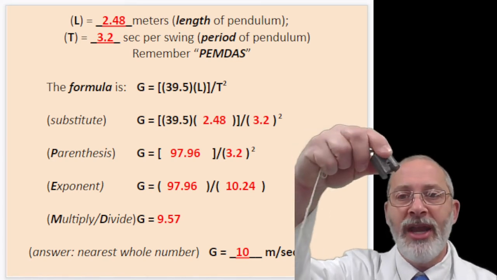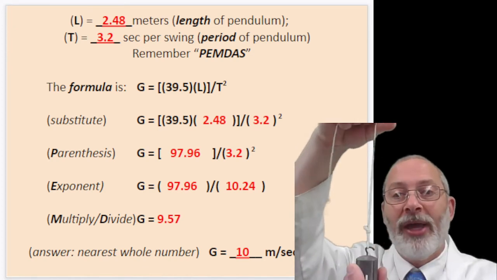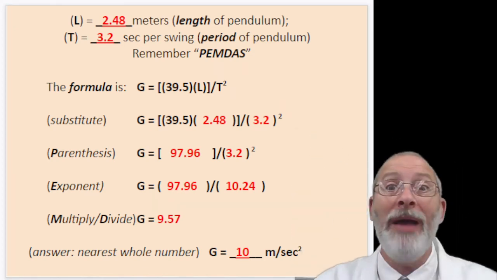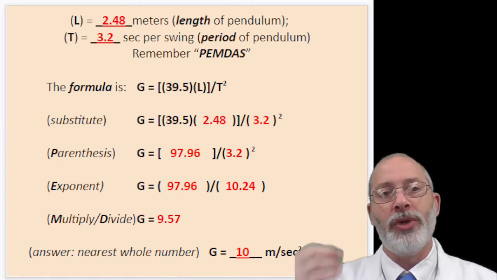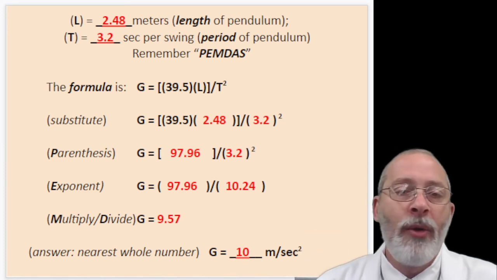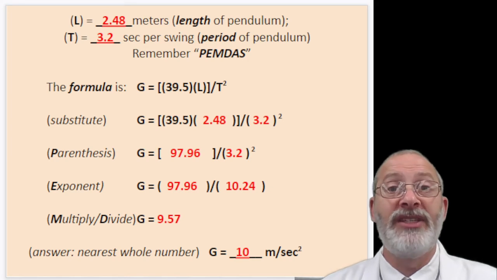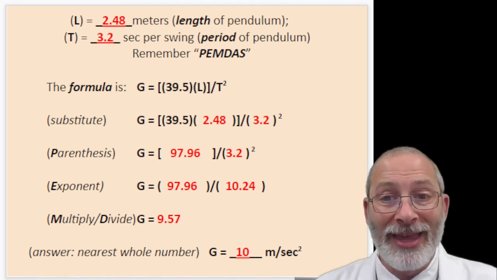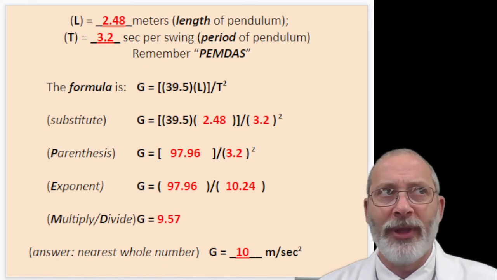If we were to take an object and drop it, and there was nothing attached to it, and assume there's no atmosphere on Earth, so we drop something, it's going to fall at a rate of 10 meters per second squared. Again, what does that mean?